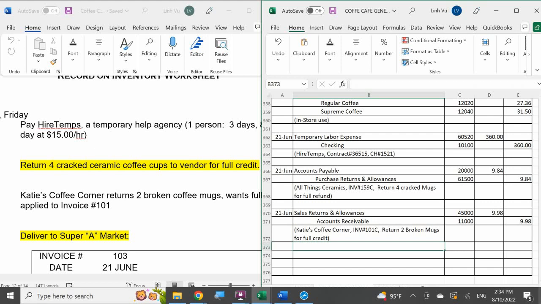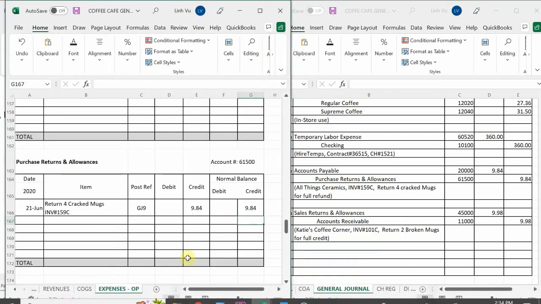So now we update the journal ledgers. And so sales returns and allowances is on the revenue.